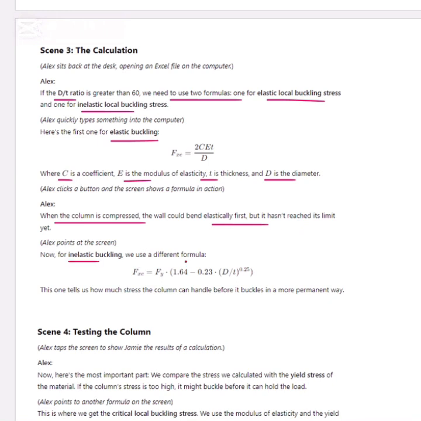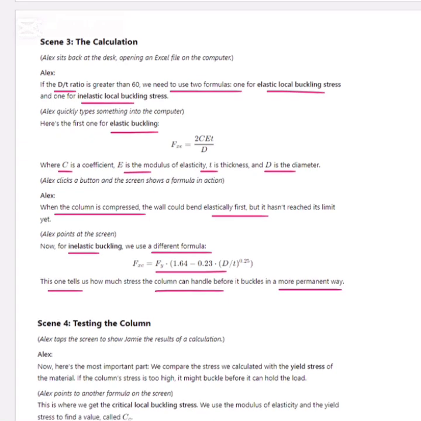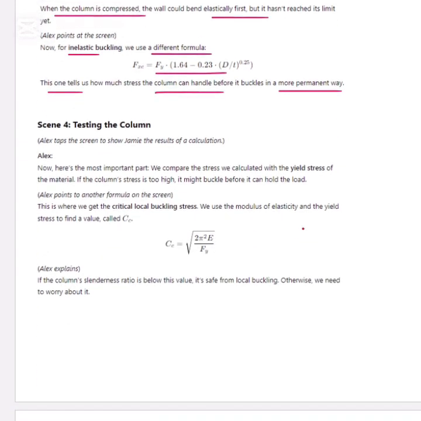For inelastic buckling, we use a different formula. This one tells us how much stress the column can handle before it buckles in a more permanent way. Now here's the most important part: we compare the stress we calculate with the yield stress of the material.